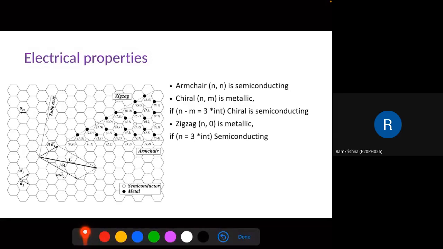But then people developed techniques to synthesize them quite easily, in large amounts and in a controlled way. Then the research really started, and almost everyone started working on these nanotubes.